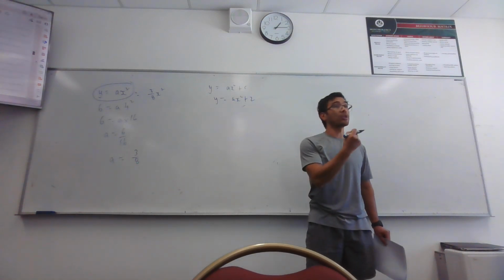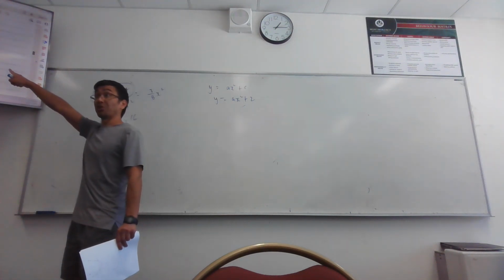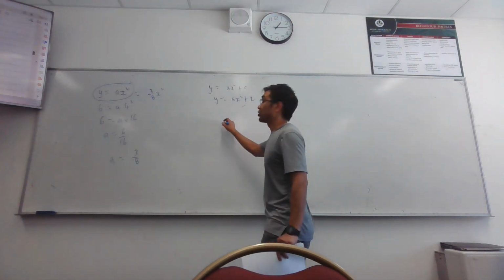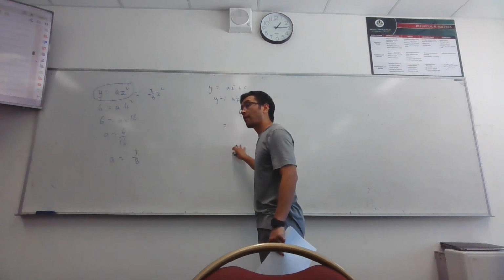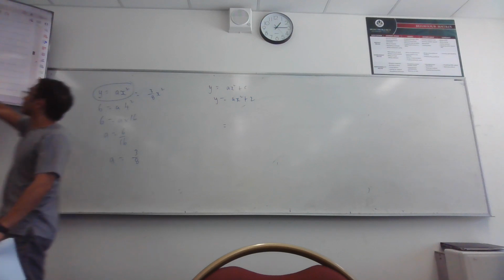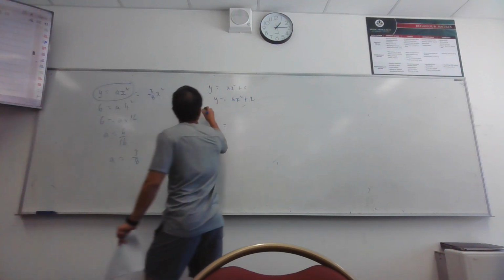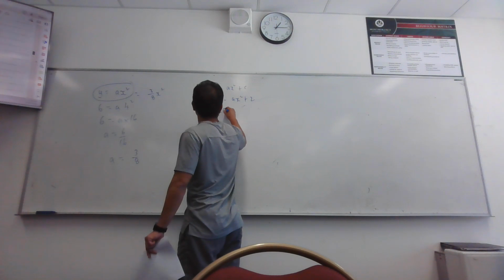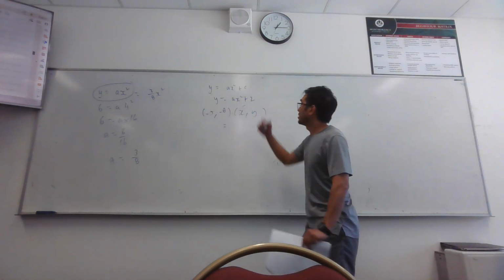Once again, we're going to use our points. What should I sub in first? Okay. Let's use -5, negative 8. Remember, these are just x and y's. Punch them in.